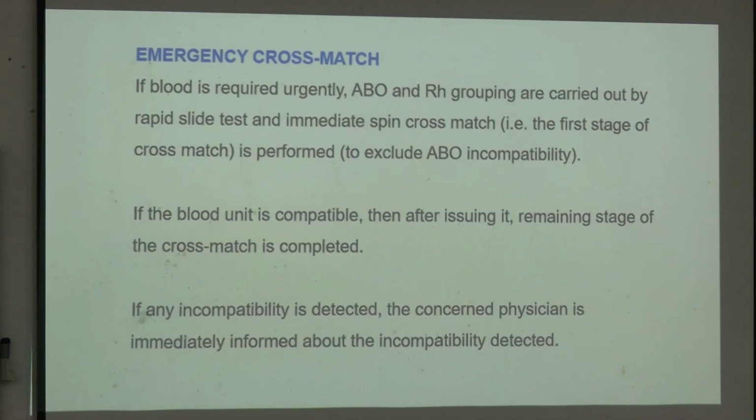Now, in case of emergency, what do we do? We do immediately ABO and RH grouping by the slide test, because the tube test takes a longer time. So first we do the ABO and RH grouping by the slide method and the immediate spin cross match. If the blood is compatible, then we will do the later stages of the cross match.